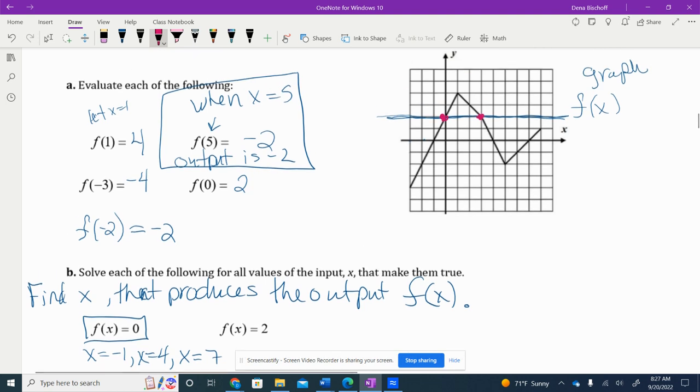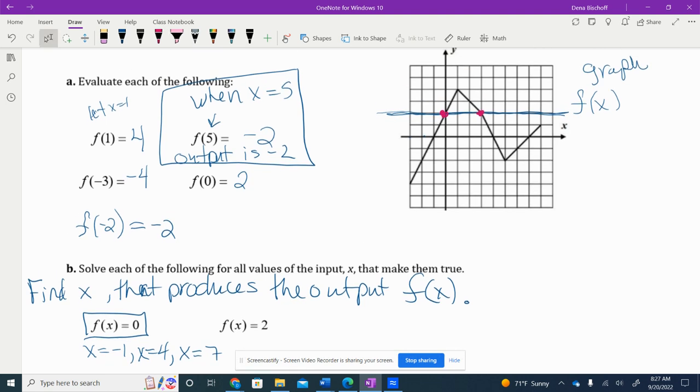There are 2 spots where y equals 2. Does everybody see that? What are those 2 spots? What's one of them? Staley, what's one x value where y equals 2? So when x equals 3, yeah, good job.